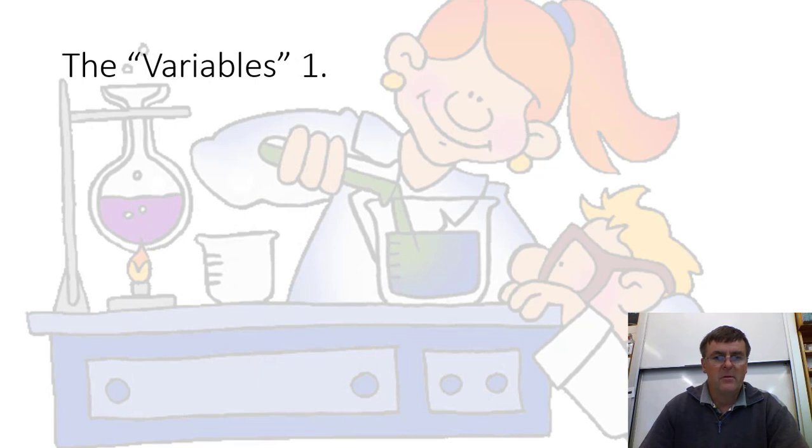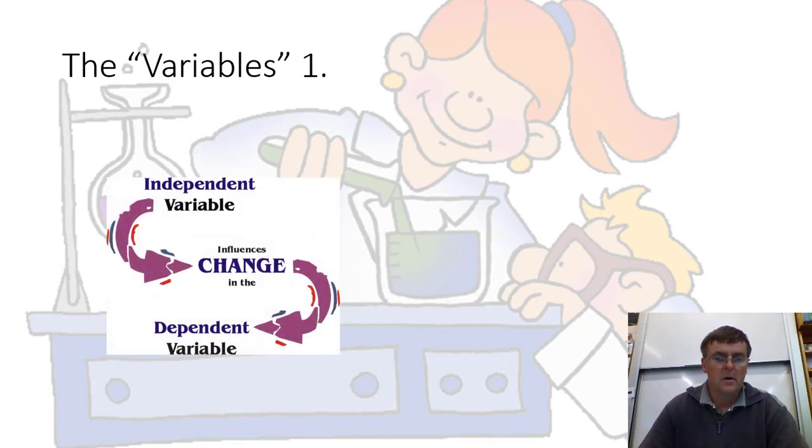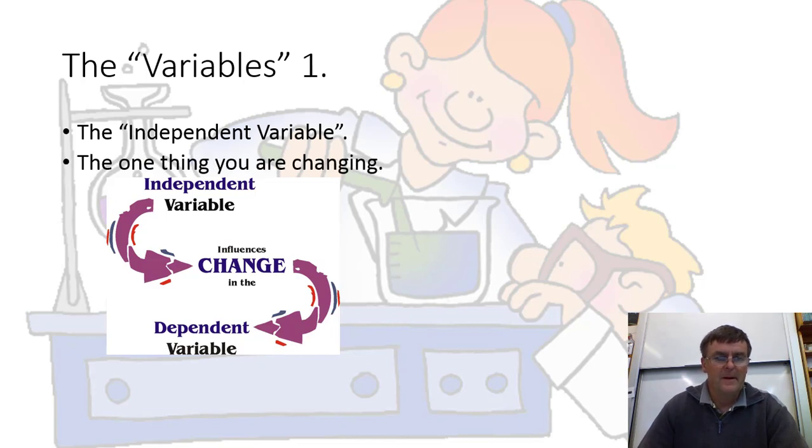Then we come to the variables. This is sort of the key part of your experiment. We're going to be changing something and it will change something else, so we're going to be careful how we go about doing that. We're looking at the independent variable here. It's the one thing we're changing. That's the important thing.